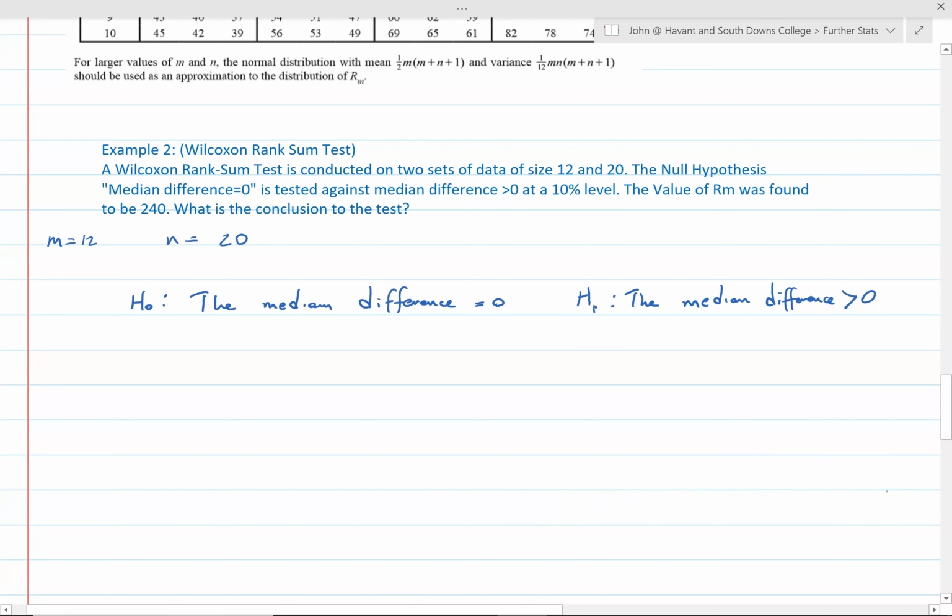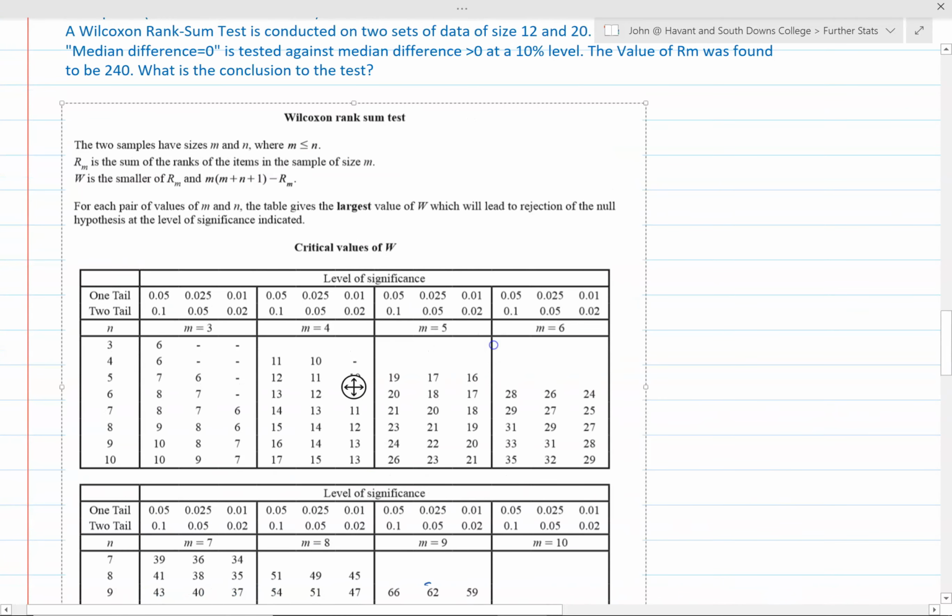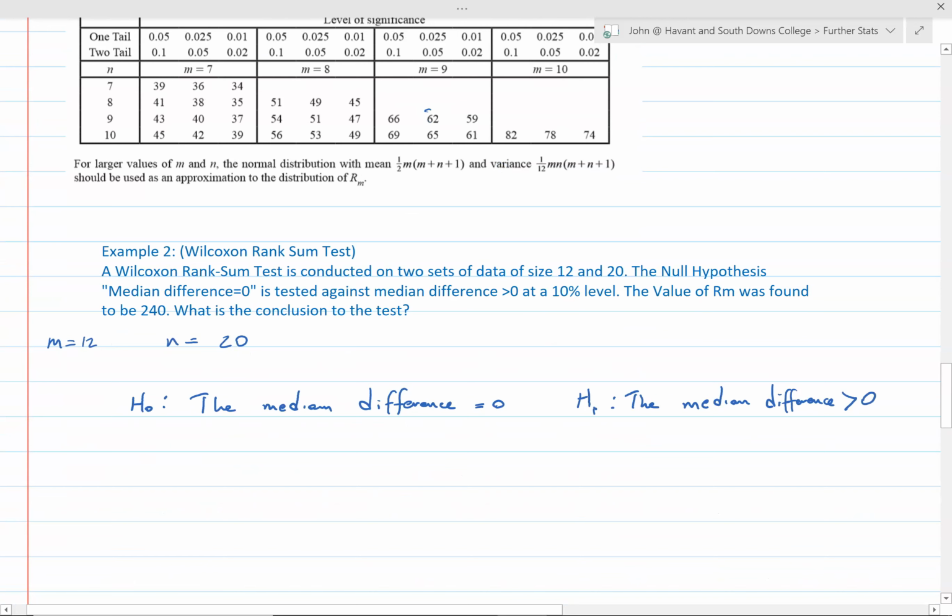So we don't need to worry about calculating this measure here. We can just work with what's given to us, the mean and the variance of our normal approximation. Make sure we use a continuity correction, and we're done.